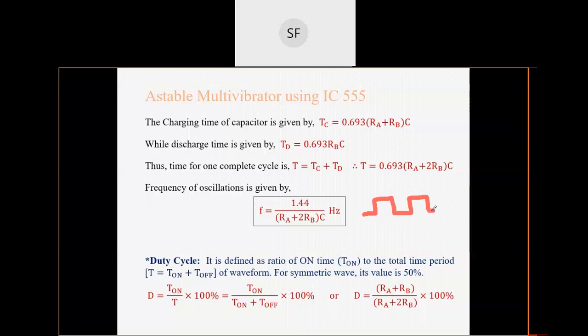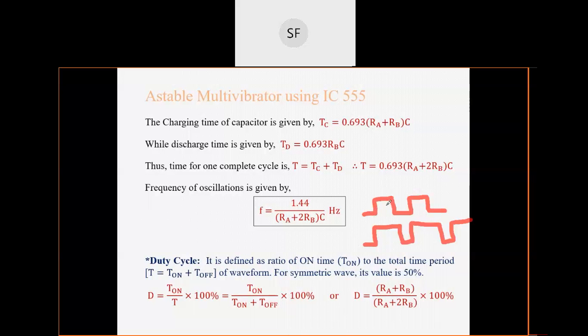And what is a rectangular wave? In a rectangular wave, the on time will be greater than the off time, like this. Vice versa is also possible: on time can be minimum and off time maximum. These are the differences between a square wave and a rectangular wave.